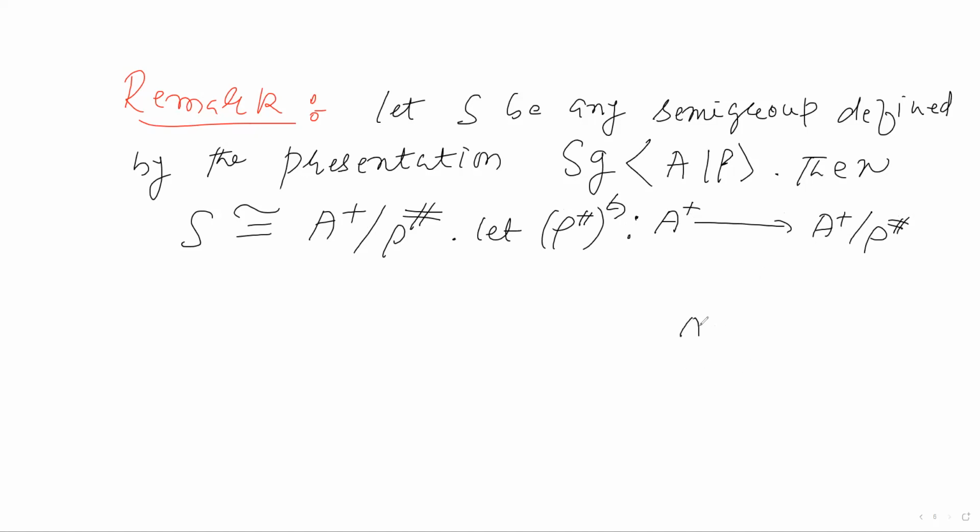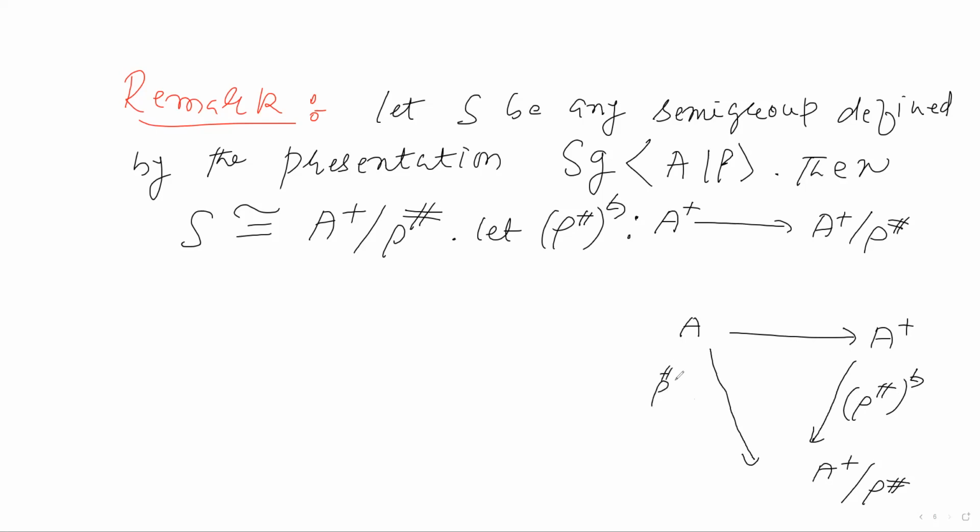So you have A here, you have A plus, and here you have A plus over rho sharp. So this map is rho sharp natural, and this map from A to here is rho sharp natural restricted on A.